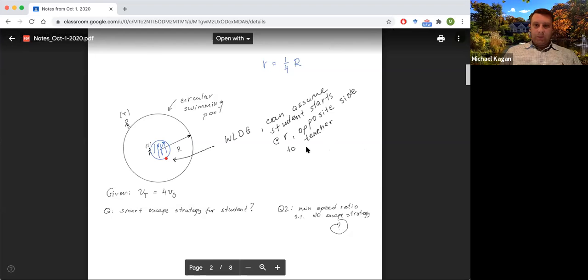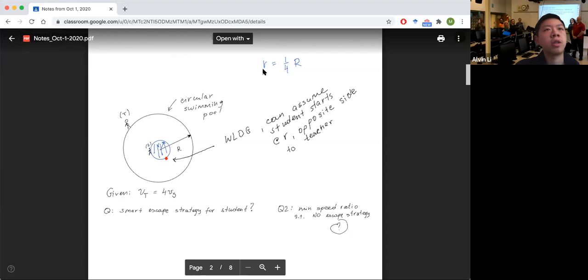Okay. What does this mean then? From here, what is the closest point on the water of the swimming pool to the red point? You draw a line connecting the center to that point, and then wherever that line hits the circle.